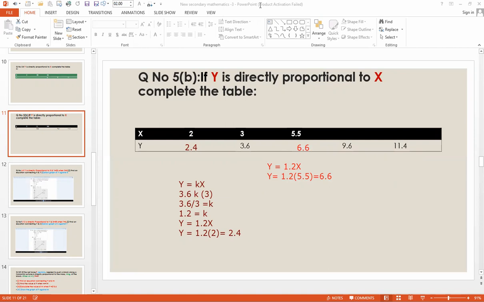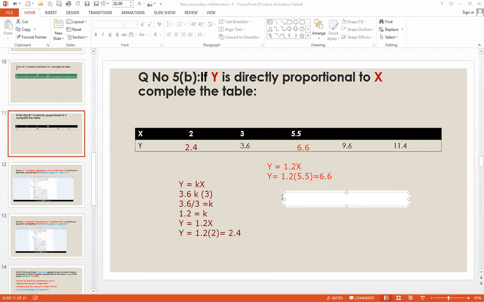And again, for the next part, always remember, first I have to again rewrite the equation.